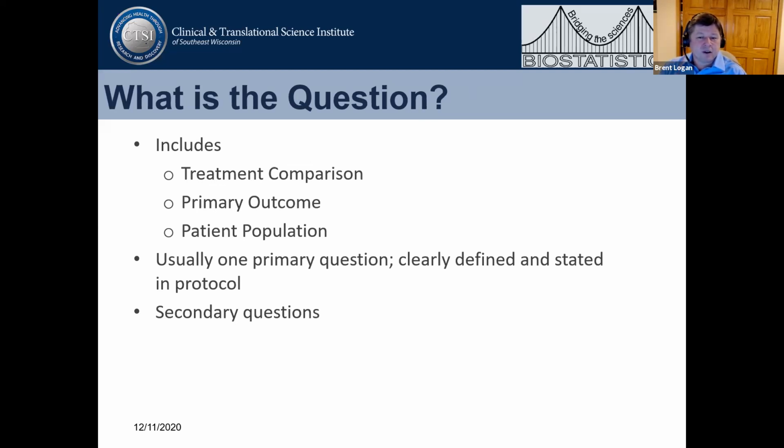There can be a variety of secondary questions, but the primary question is the one where you are devoting your statistical attention, in terms of being explicit about controlling your type 1 error rate and so forth. If you ask too many questions, there's a tendency to increase the chance that you find something across all of those questions. So investigators will typically focus on one primary question, and the other ones are considered exploratory questions.